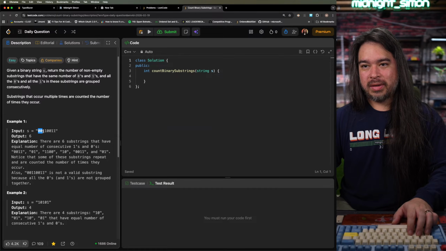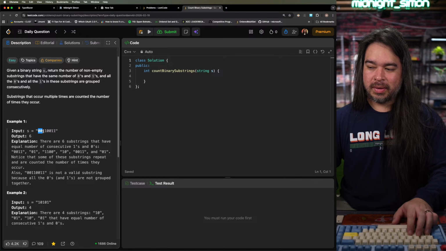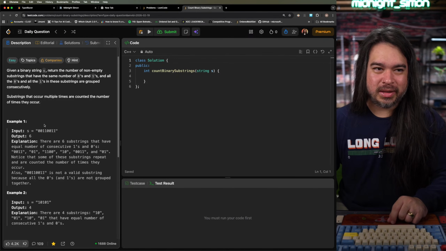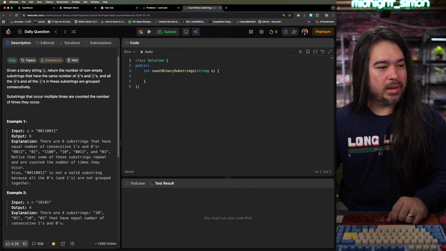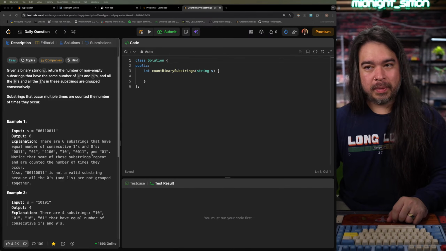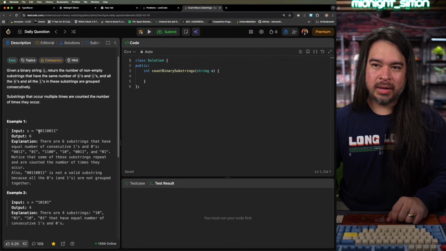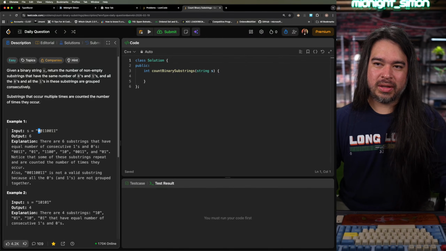So I'm thinking I have to... Did I do this problem recently? I feel like I've done this recently. But my first thought is about streaks, like how many consecutive zeros and how many consecutive ones. So maybe I have to remember each streak, the previous streak and then the current streak.